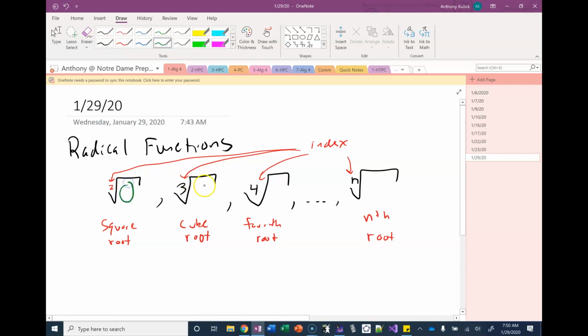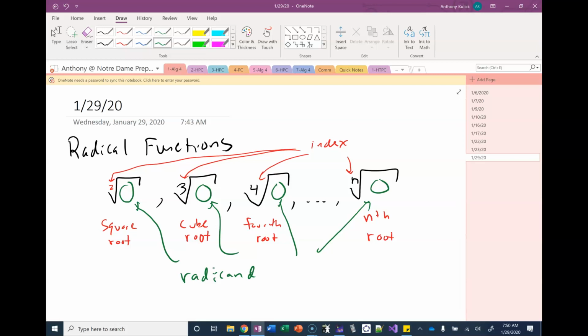The piece that's underneath this radical has a name. This is called the radicand. So whatever is underneath the root is called the radicand.